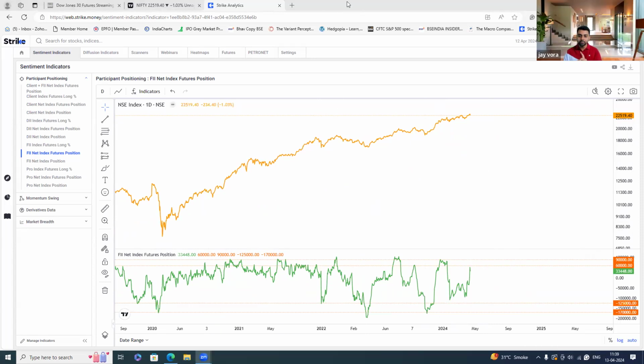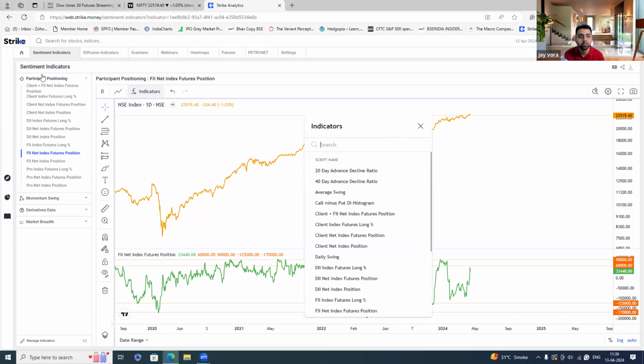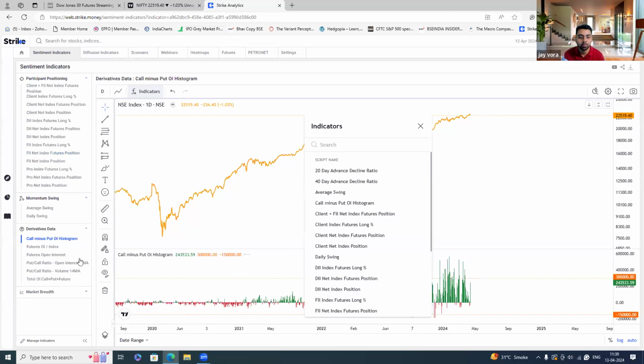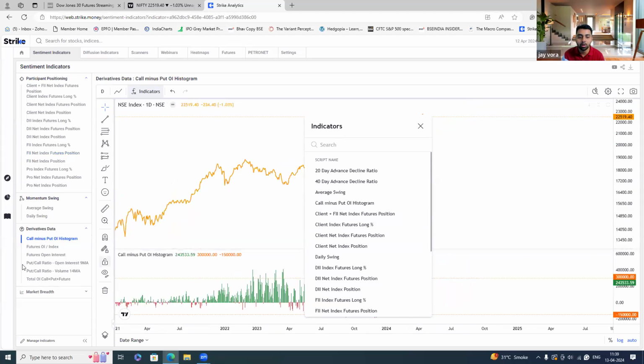I will just address a couple of questions which I had seen in the chart. One is how you added multiple indicators in a single chart. Rishi, in indicators we have listed all of these things over here. Right now call minus put is selected.